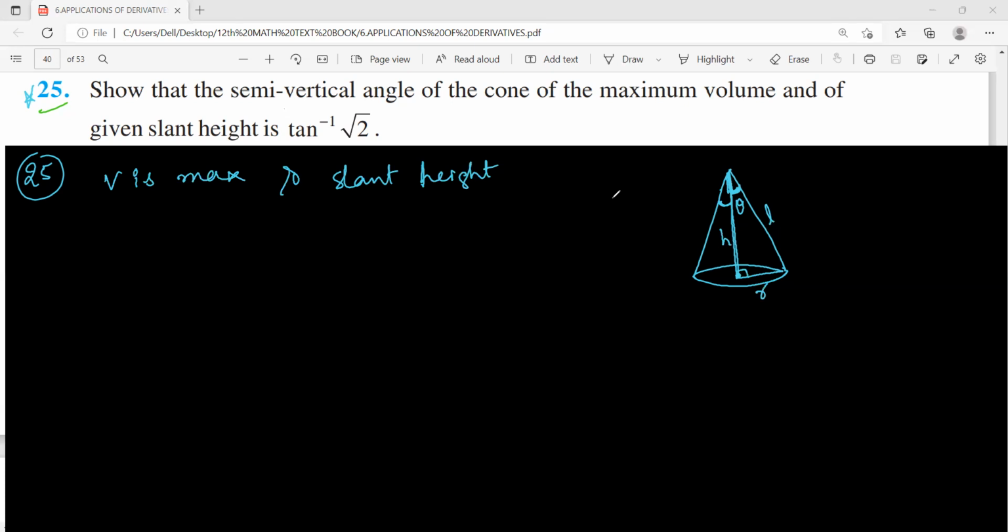What is slant height here? L. Slant height L is given.